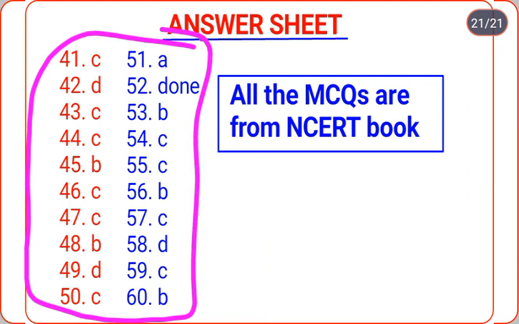And all the MCQs are from the NCERT book. Yes, exactly true. And our aim is that we should try to understand the core concept of the NCERT book, that is your Bible book for NEET aspirants, especially the NEET biology.